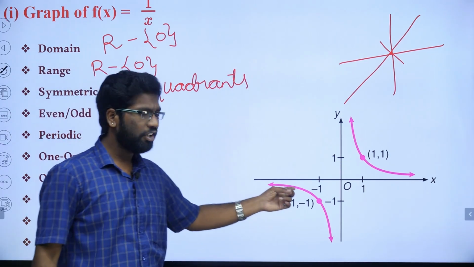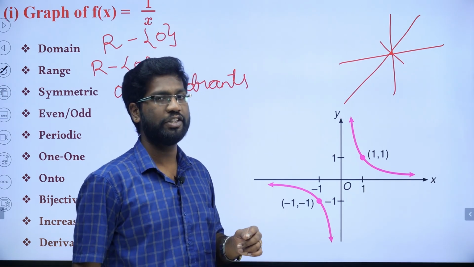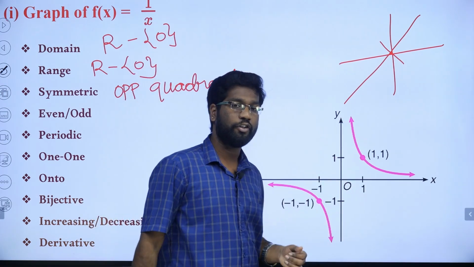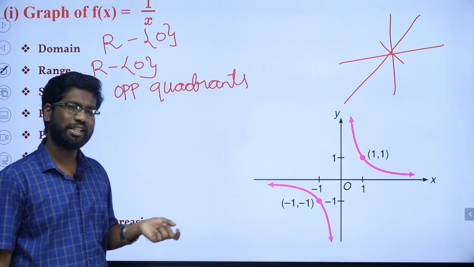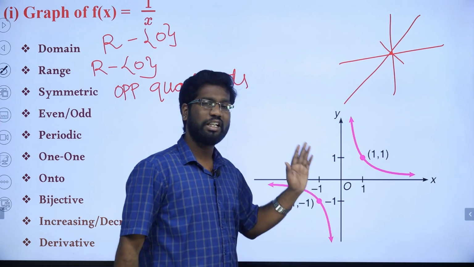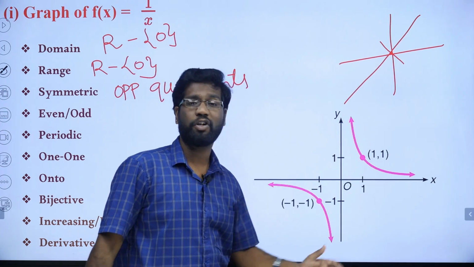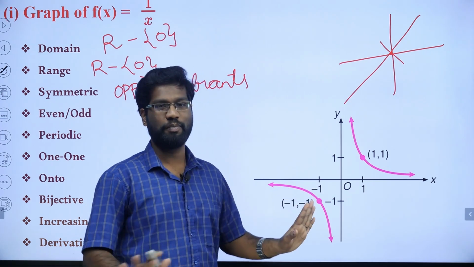Next, from the graph itself, before class I have explained to you, my dear students, how to find even and odd functions. So an odd function means it is symmetrical about opposite quadrants. From there also you can say this is an odd function, and an odd function covers mostly all the parts of the graph. Positive, negative, it won't leave any part, my dear students.